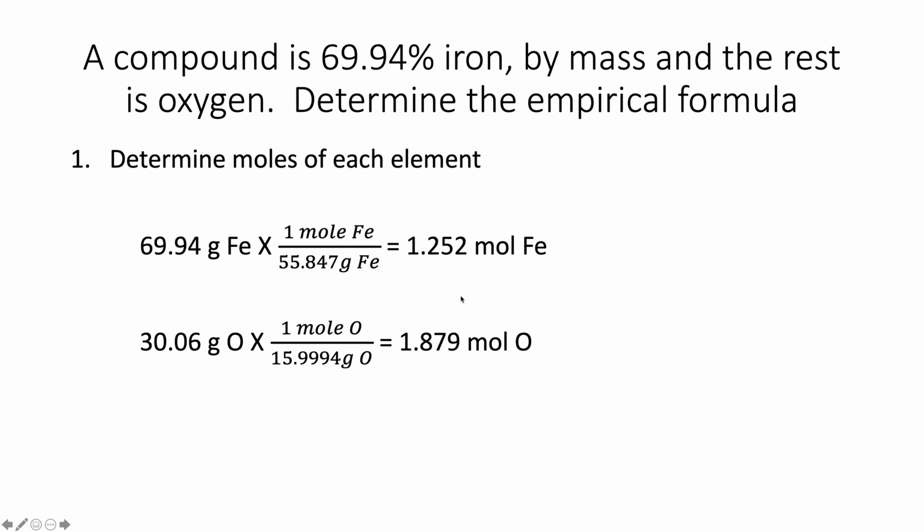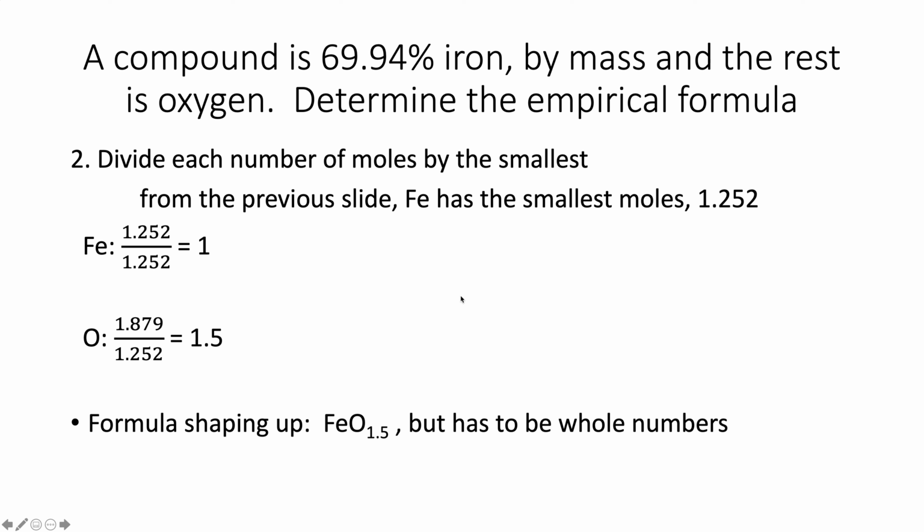That way this becomes a whole number. So step 2, divide each number of moles by the smallest. From the previous slide, the iron was 1.252, the smallest, and the oxygen was 1.879. We divide them each by 1.252, and we get 1 and 1.5. So the formula would be FeO1.5.